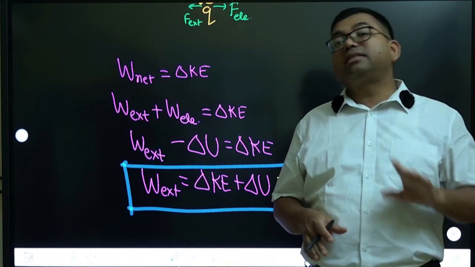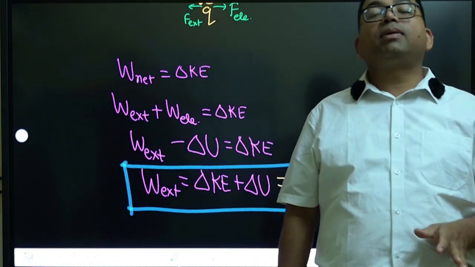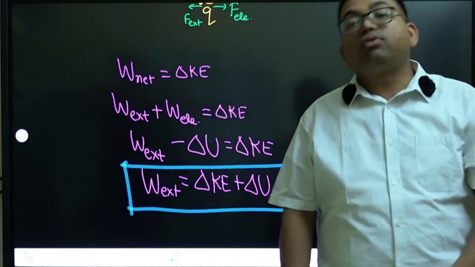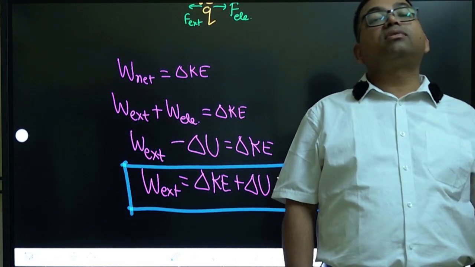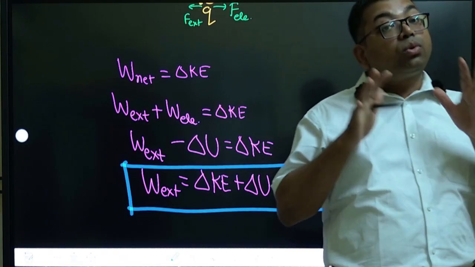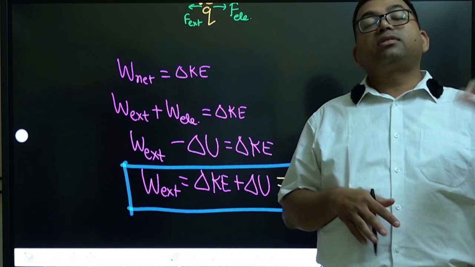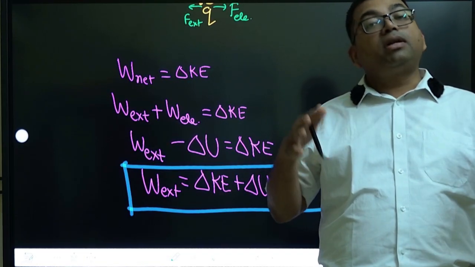But the misconception can be that it is the work done by net force. Remember, work done by net force is not the same as the total work done. Here in the work energy theorem, it is the total work done, the sum of work done by individual forces.